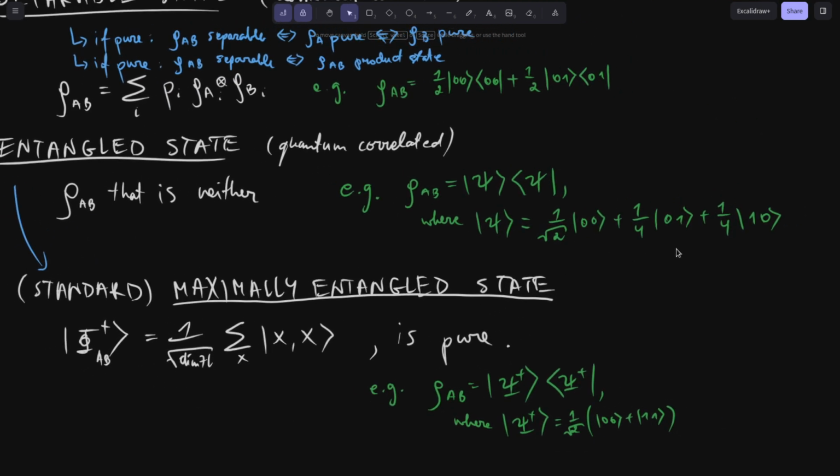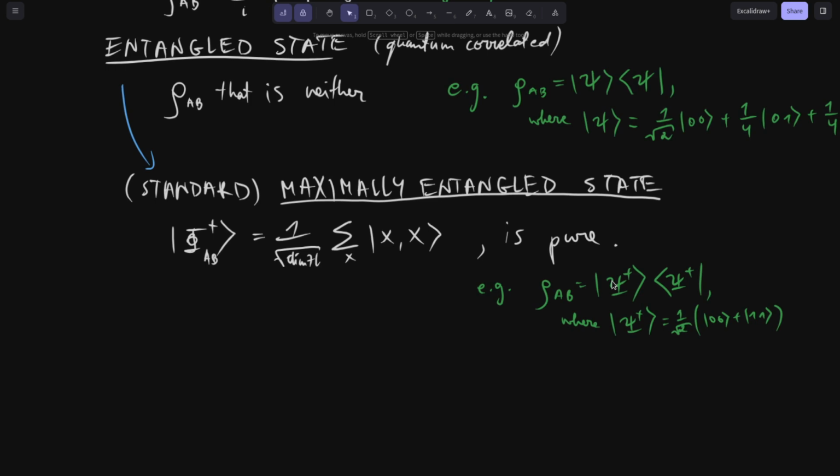Yeah, there's a simple example like this. We have a pure state that is entangled, and this is how it looks. As you can see, there's no way to separate these because we have 0, 0 here, and here it's 1. So there's no way to separate these. And the same goes here, 0, 0 here, and 1 here. So there's no way to separate.